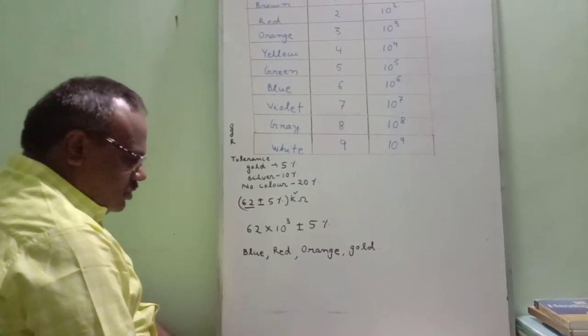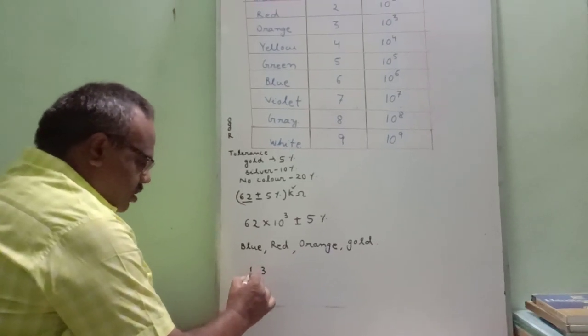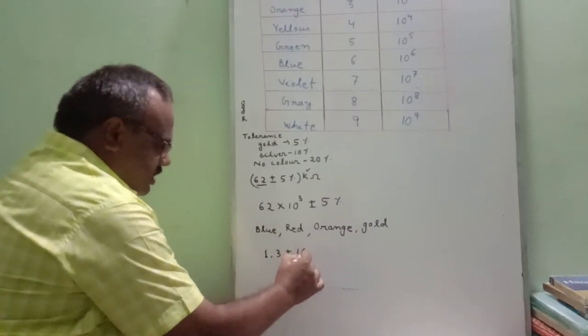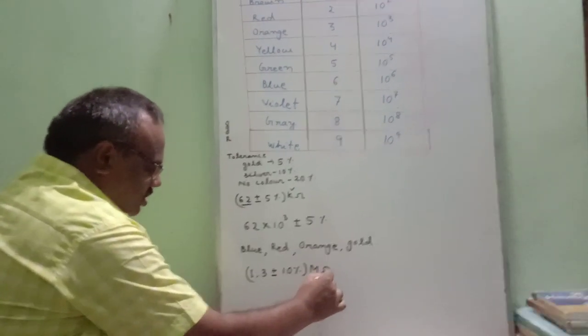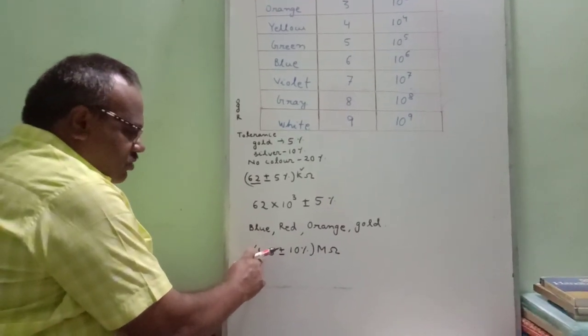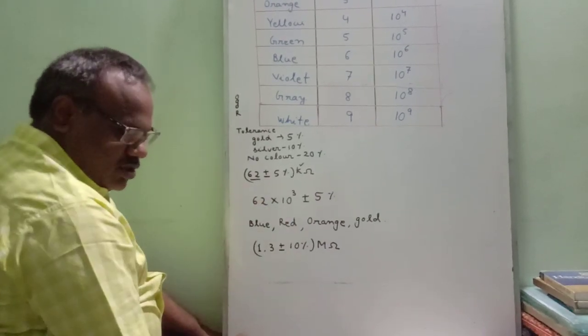Suppose it is written like this: 1.3 plus minus 10%. This is mega. If there is a decimal, first you convert it, you remove the decimal first.